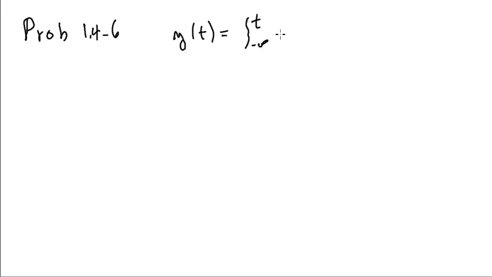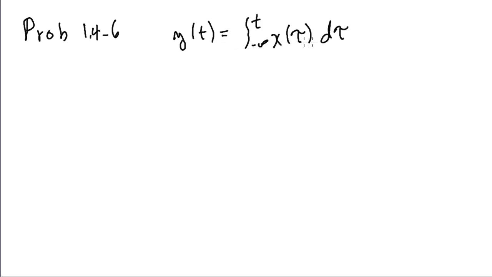This is problem 1.4-6, and we're asked to find what I call a running integral. This would actually be the output of an integrator circuit with input x of t.